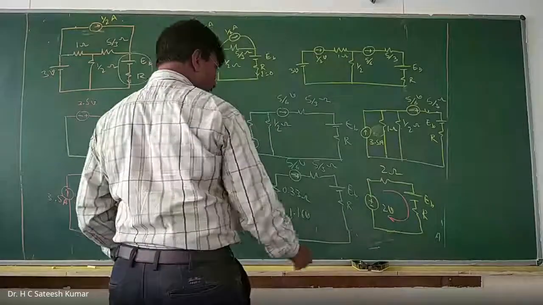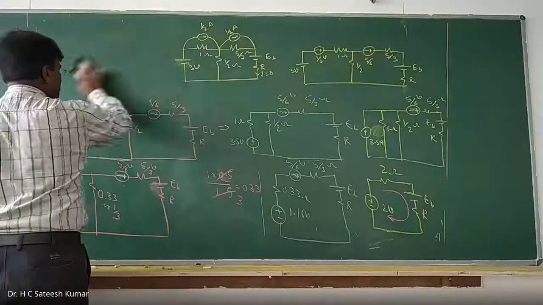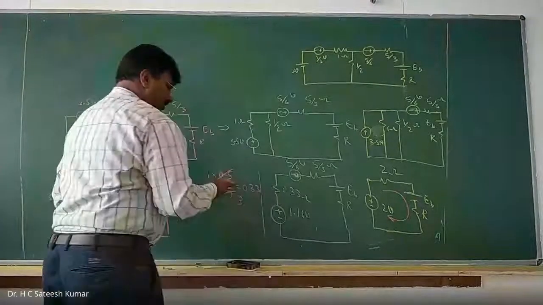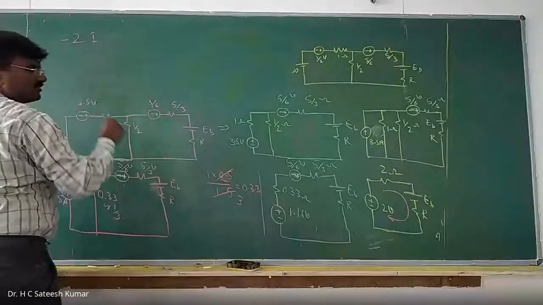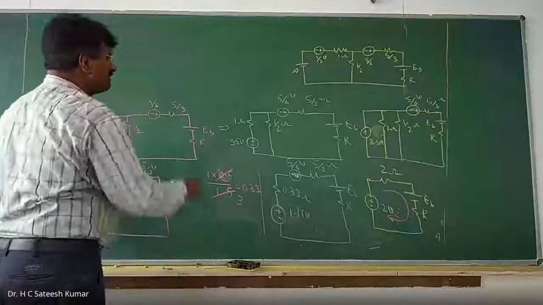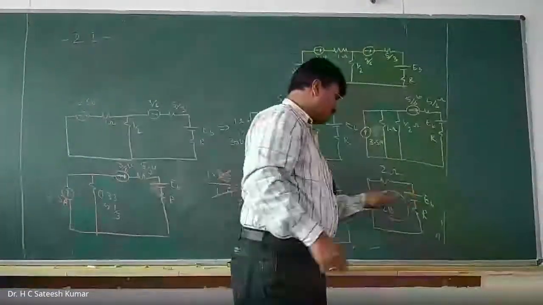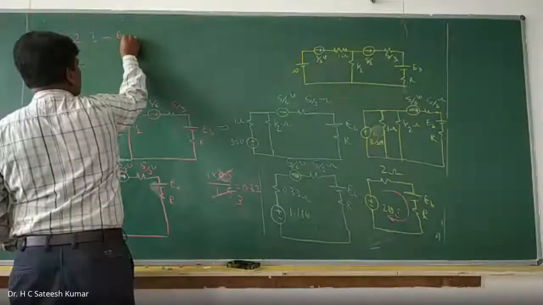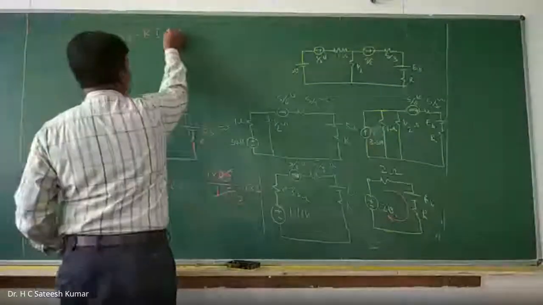If you apply KVL, I can write it this way. Same direction: minus 2I, calling the current flowing through this one I, then minus plus 2, this bigger line is plus, so plus 2, minus EB, minus R into I, plus 2.